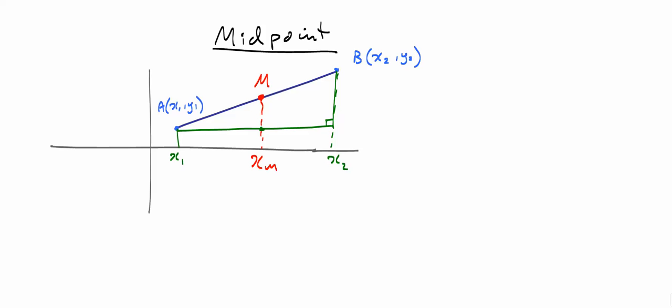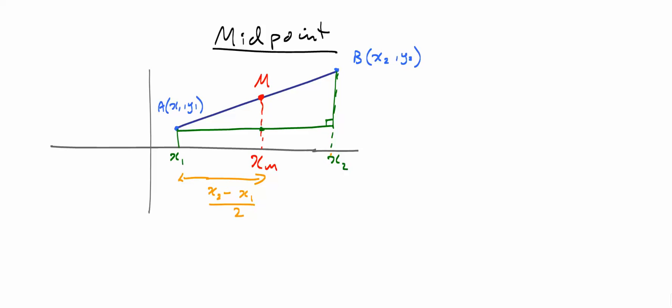So this distance here would be x2 minus x1 over 2, because it is half of that distance.